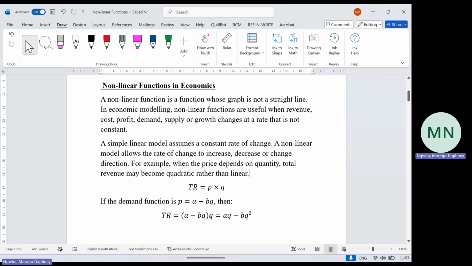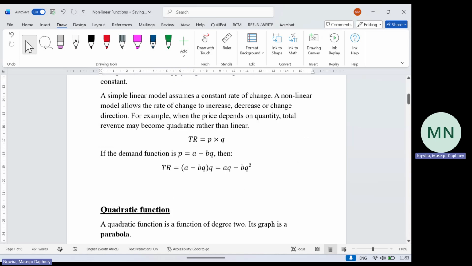So you will notice with this formula, when you calculate total revenue, when it's dependent on quantity, this is what's going to happen. Your total revenue will be equal to AQ minus BQ squared.